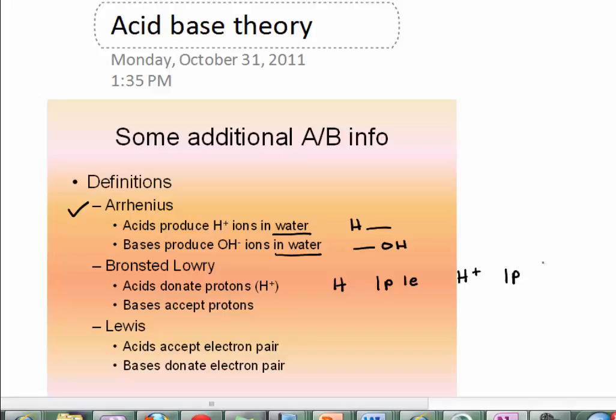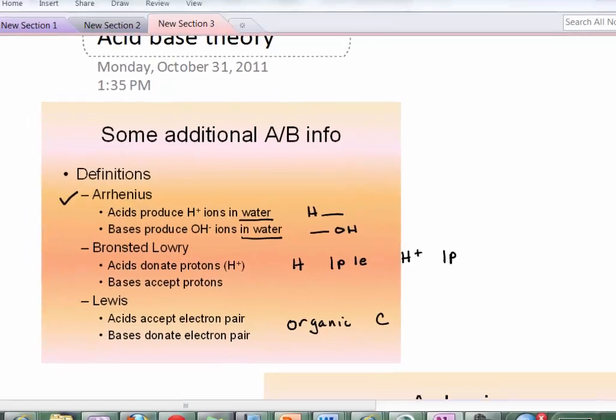There is an additional theory where the acids accept electron pairs and bases donate. You will see this used in organic chemistry, particularly being able to classify carbon as an acceptor or donator of electron pairs, and extending that definition even further.